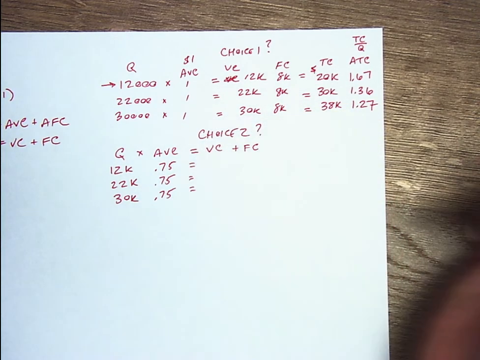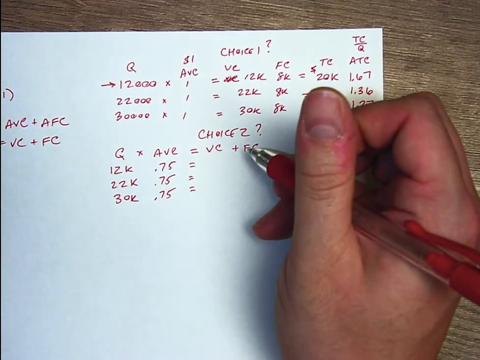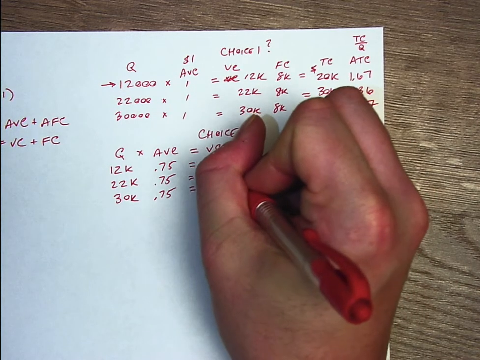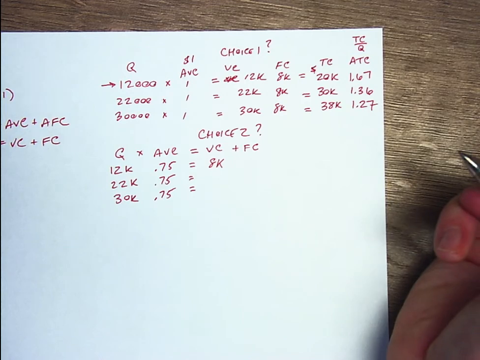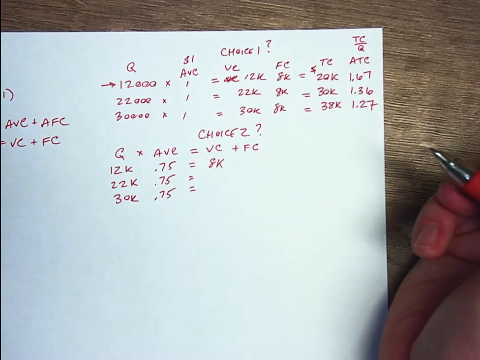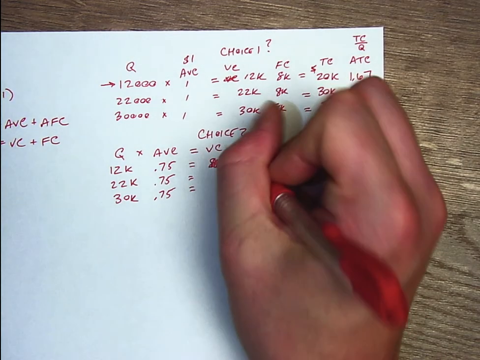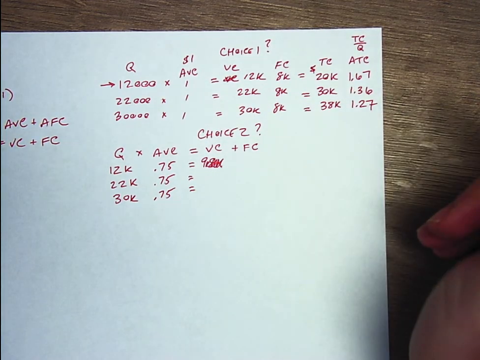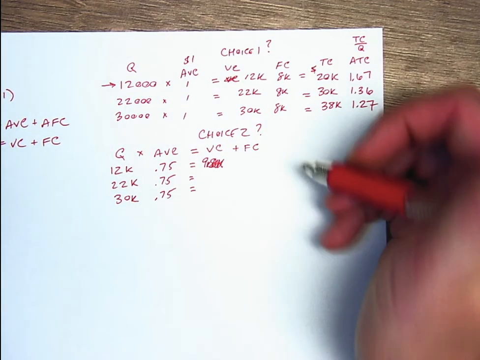So that's going to be what is that? 12,000 times 0.75 is 8,000. I think that sounds right. No, wait a second. That's 9,000. Never mind. A little brain fart there. 9,000.